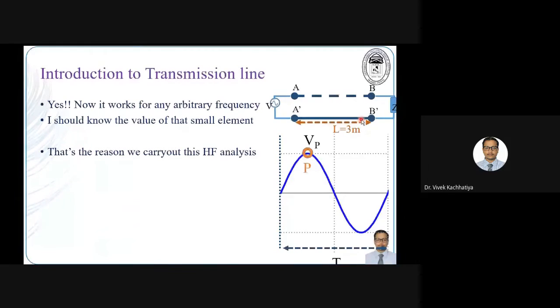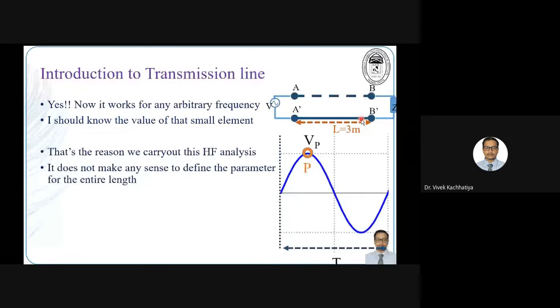So that's the reason we carry out this high frequency analysis. And now we understood that it is point to point, so it doesn't make any sense to define the parameter for this entire length. We can't say this line will have this much resistance, this line will have this much, or whatever the other parameters are.